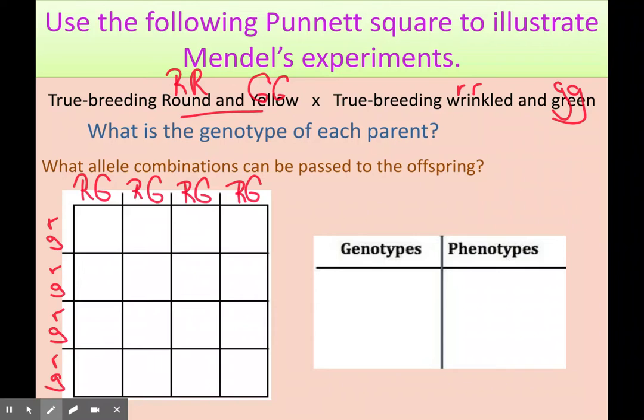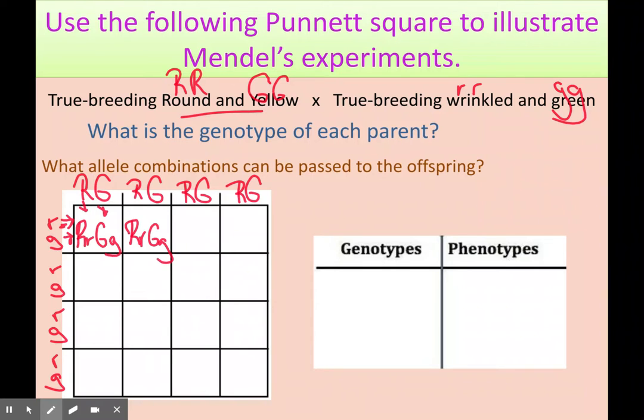Now we're going to, just like we did before, bring both of these down and these across all the way. And remember, you want your capital letters to go first, but keep the same traits together. So we've got a big R and then a little r and a big G and a little g. And that's going to be true of every box because we're bringing a big R and a big G down in every box and a little and a little.